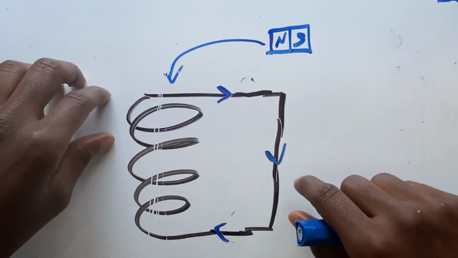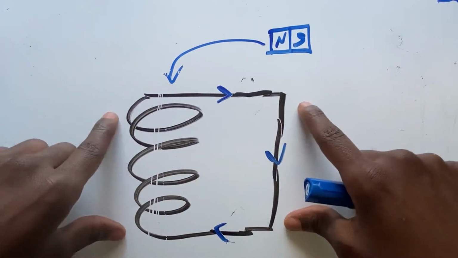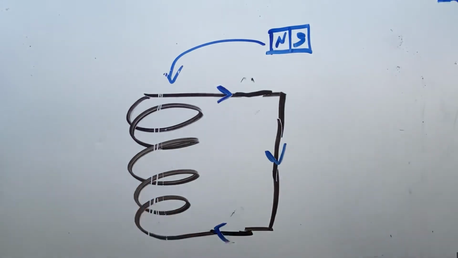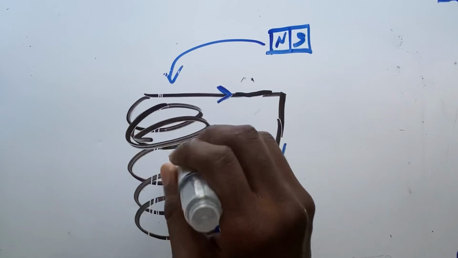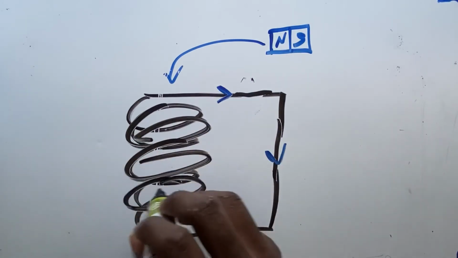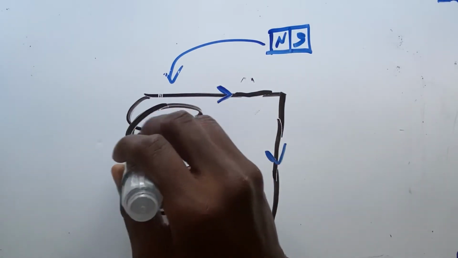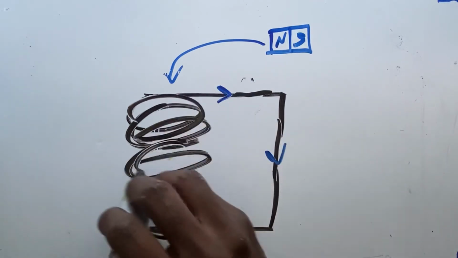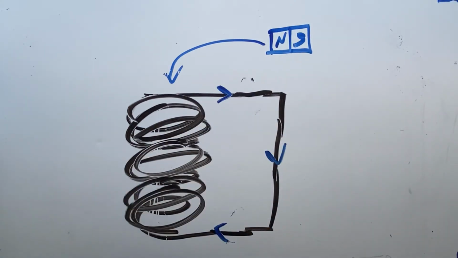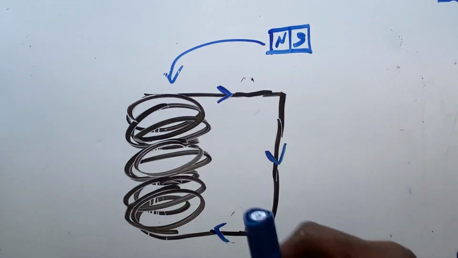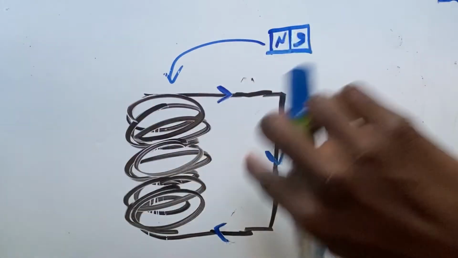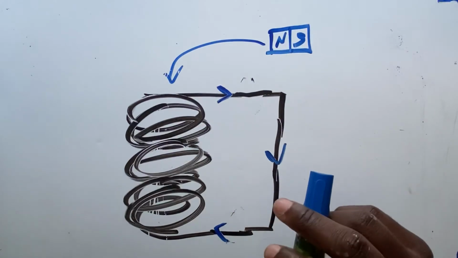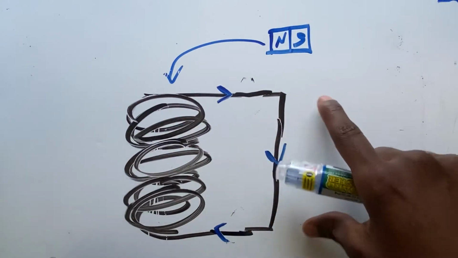Another way we can induce an even greater amount of current is, let's say we put more loops through this wire. So we wrap this wire around a lot more. So if we add more loops, then we put the magnet through it, it's going to produce even more of a current. So there's two ways we can increase the current here.